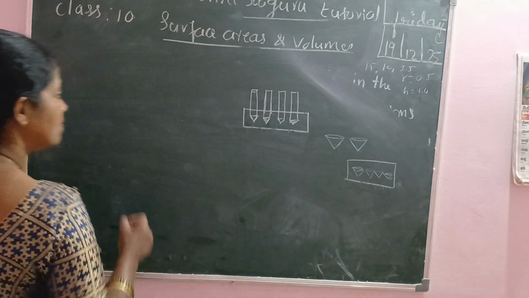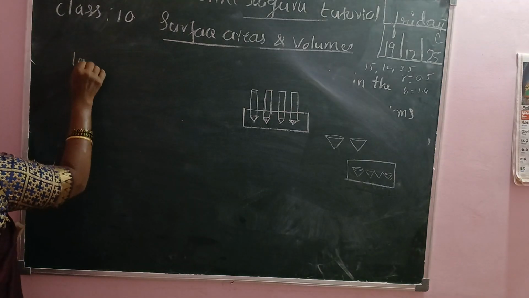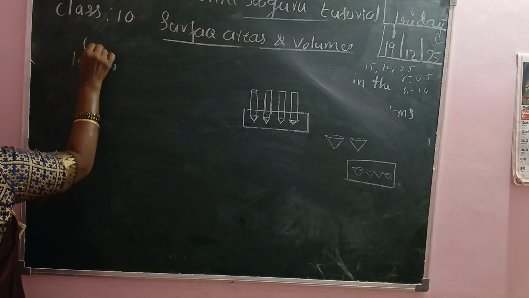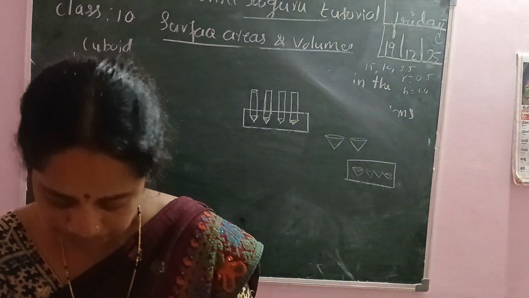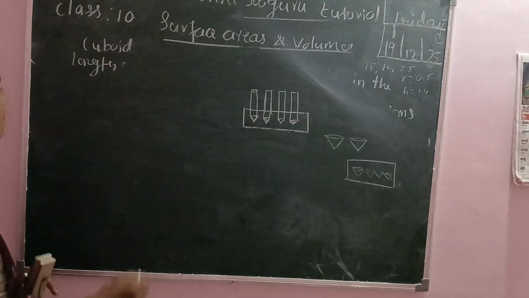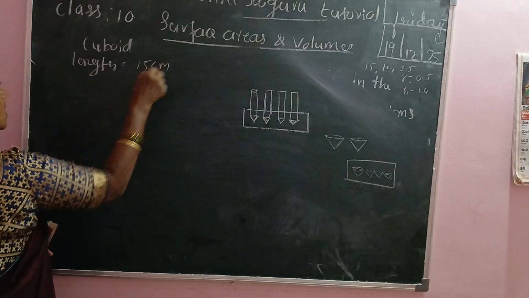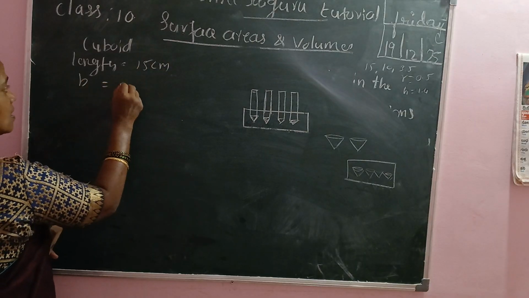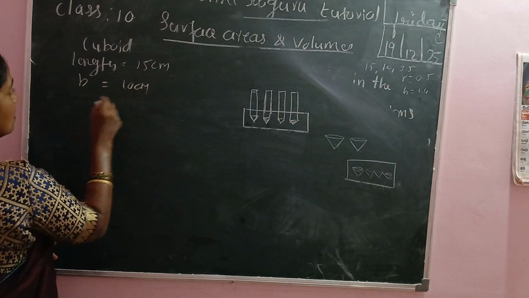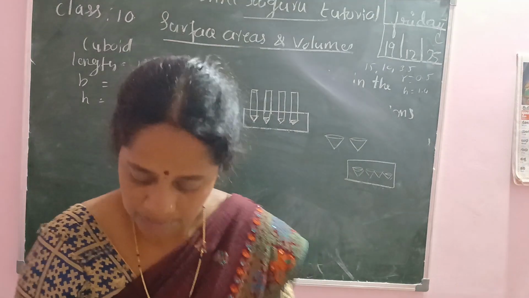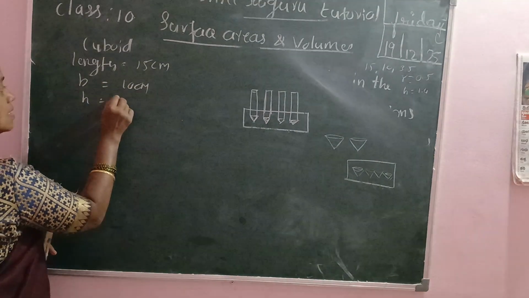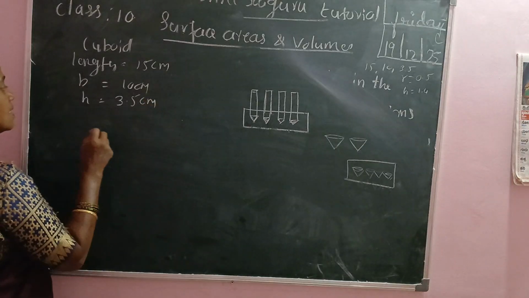First, what is given here? For the cuboid, the length is 50 cm, breadth is 10 cm, and the height is 3.5 cm.